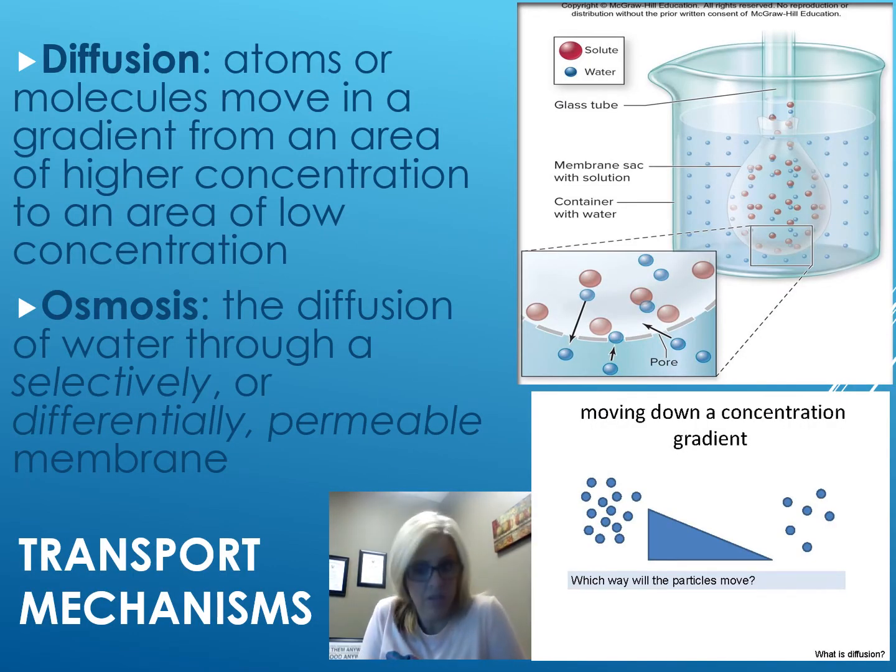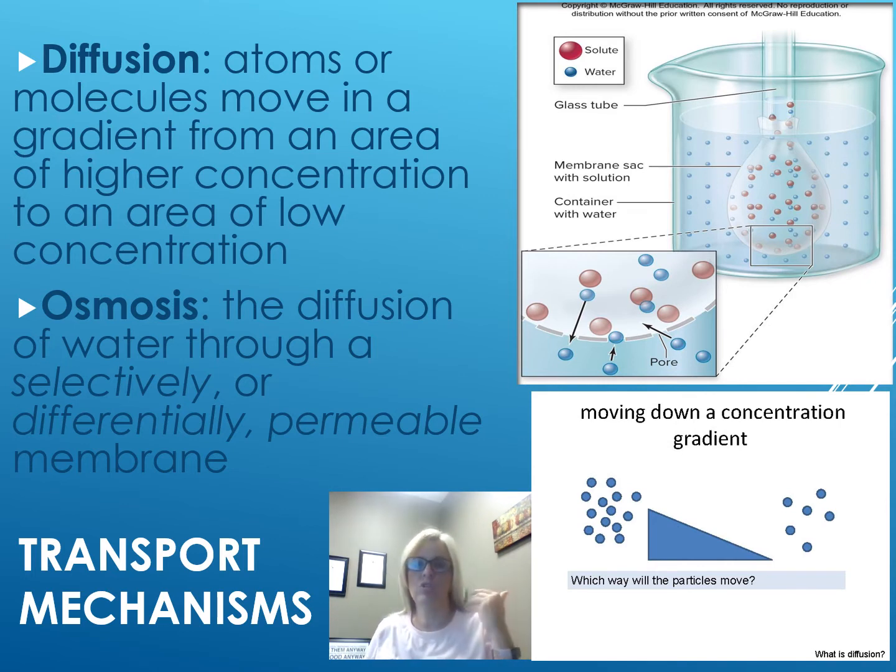So microbes obviously don't have a mouth to chew their food with, and so they have to have a way to take nutrients into the cell and transport waste out of the cell. And so these processes here are basically how they eat, all right? So the driving force of transport is that molecules or atoms are always in motion, and they have a tendency to move from an area of higher density or concentration to an area of lower density or concentration, and they do this without the input of any energy.